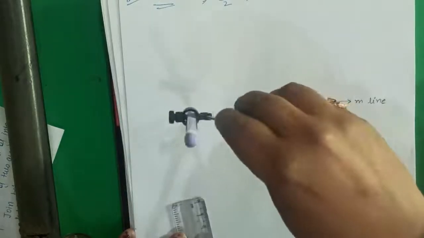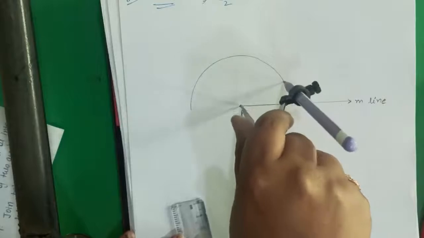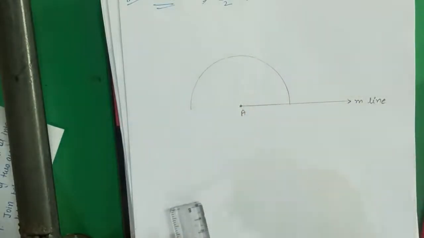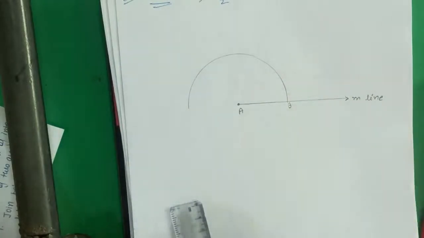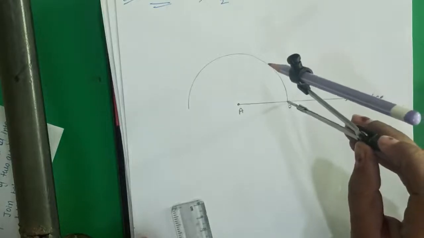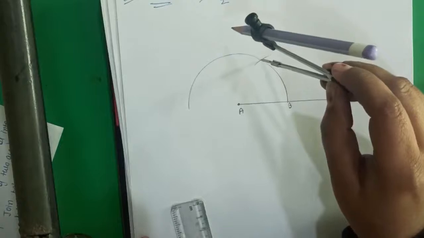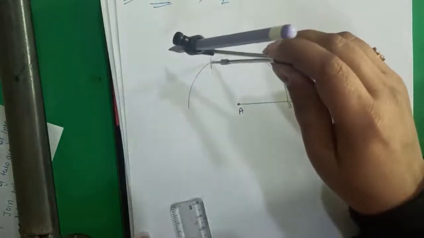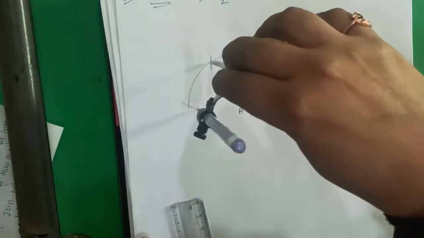With center A, I will draw a semicircle that touches the line at point B. This one. Now with the same center, I will mark an arc on this semicircle. This one is of 60. This one is of 120, and from 120 this will be of 180.